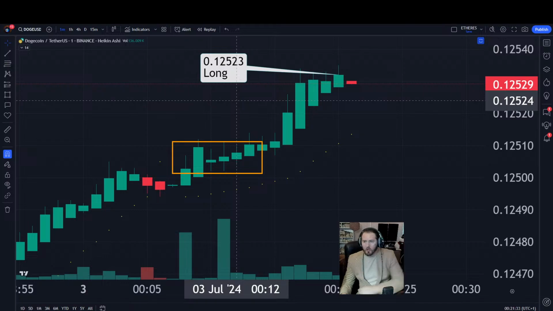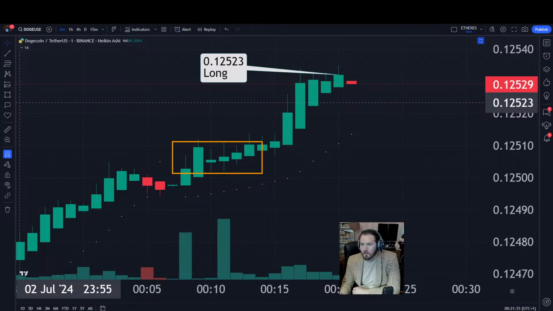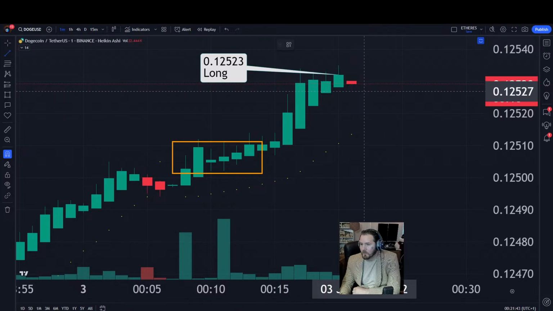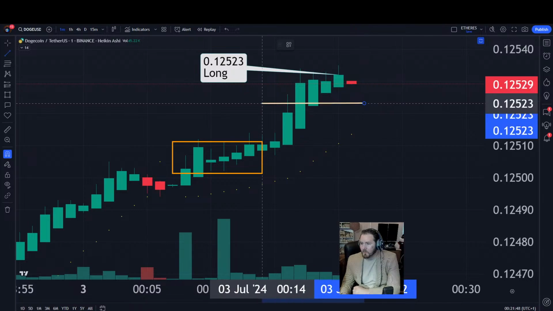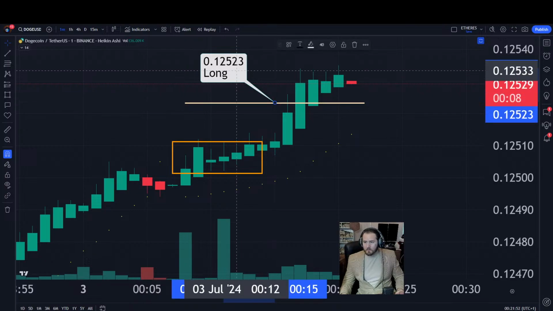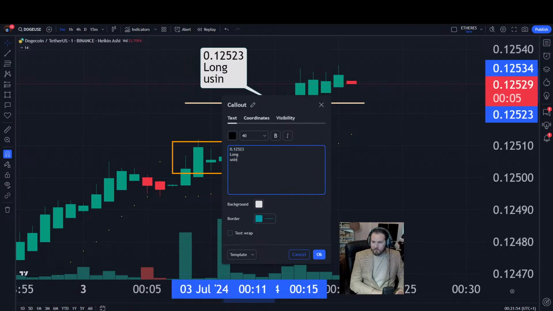So this was my long at 12.523, and let's add a line as well. So this is my entry down here. This is where I went long, using 50 times leverage.